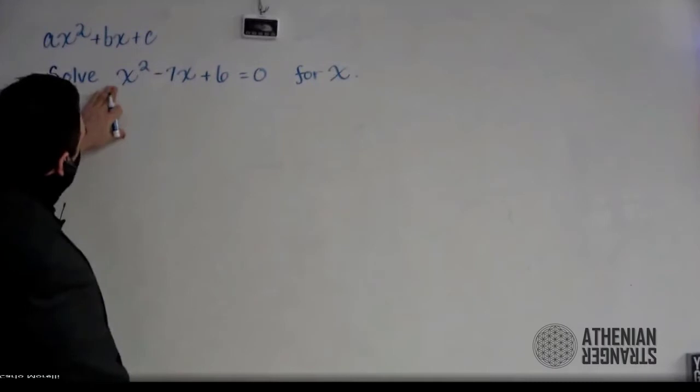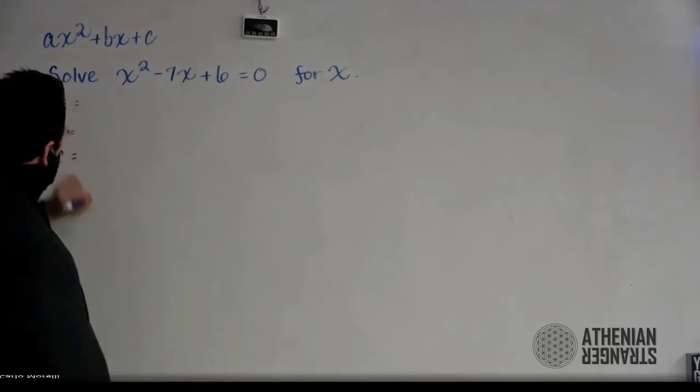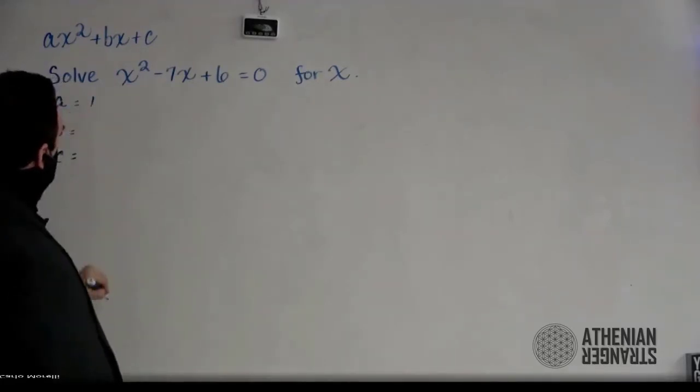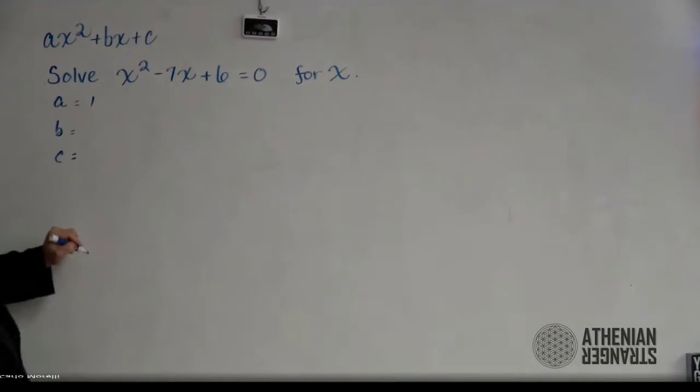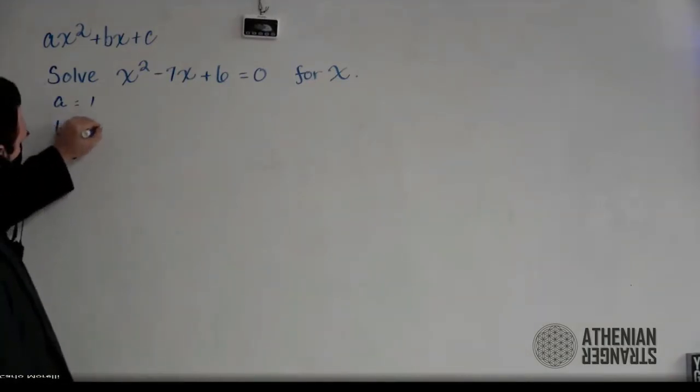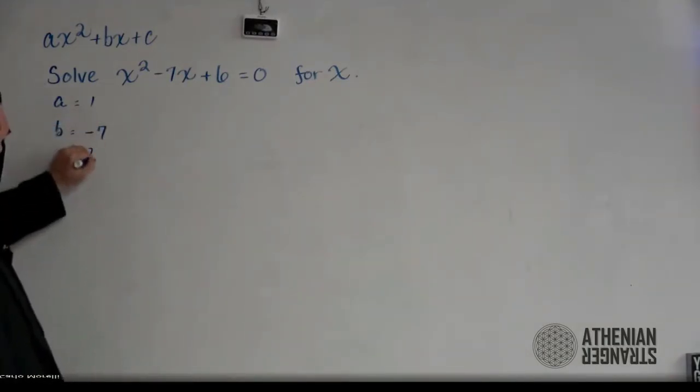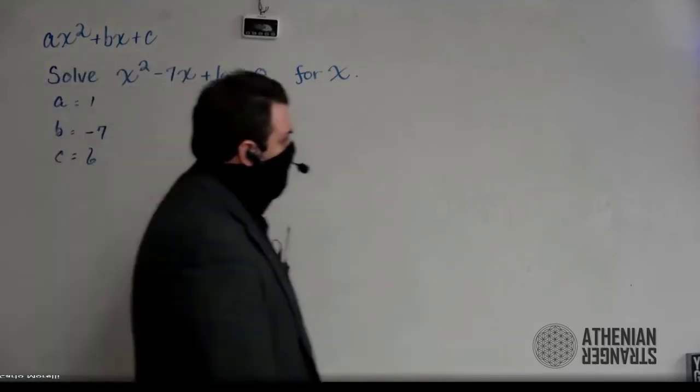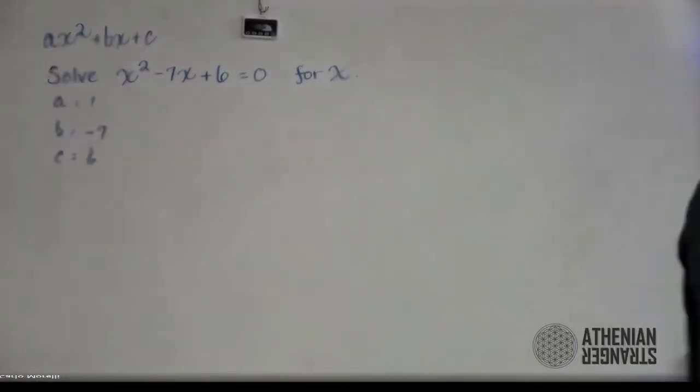So here in this example, what is a, what is b, and what is c? A is 1. What's b? Negative 7. And what's c? Positive 6. What's the greatest common factor of 1, negative 7, and positive 6? It's just 1.